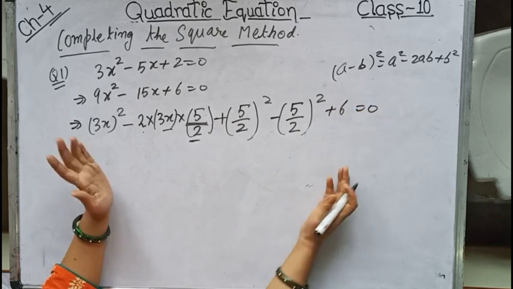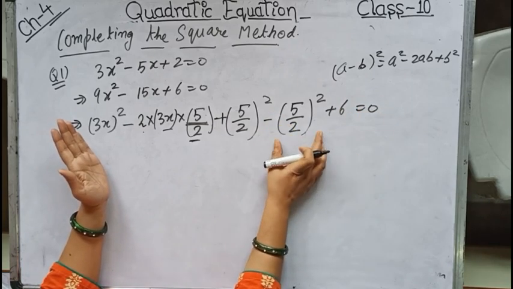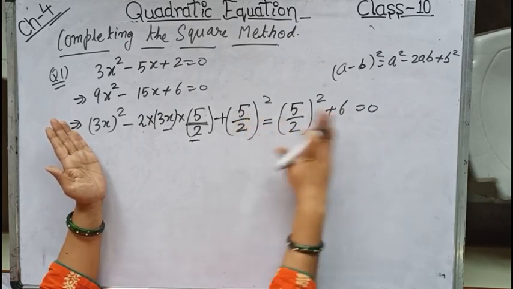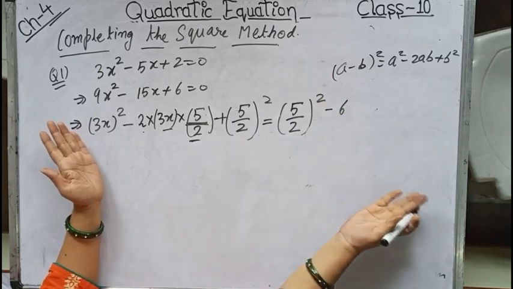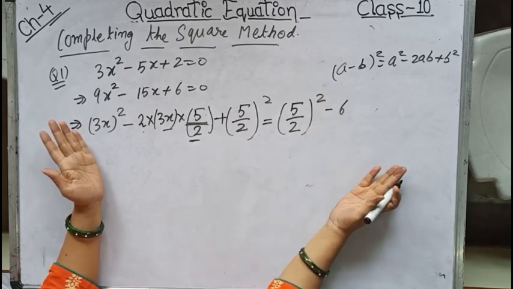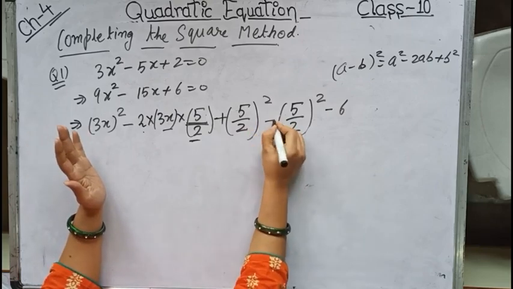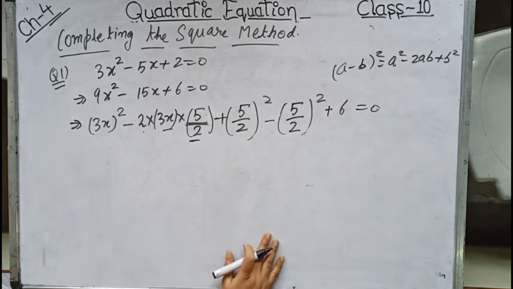equals to 0. So what you can do, either you write over here minus (5 by 2) whole square and plus 6 equals to 0, or directly you can write this equals to (5 by 2) whole square minus 6. Because it is a constant term, this will be moved to that side. So whichever method suits you, that you do. Okay, I am solving the previous method only.